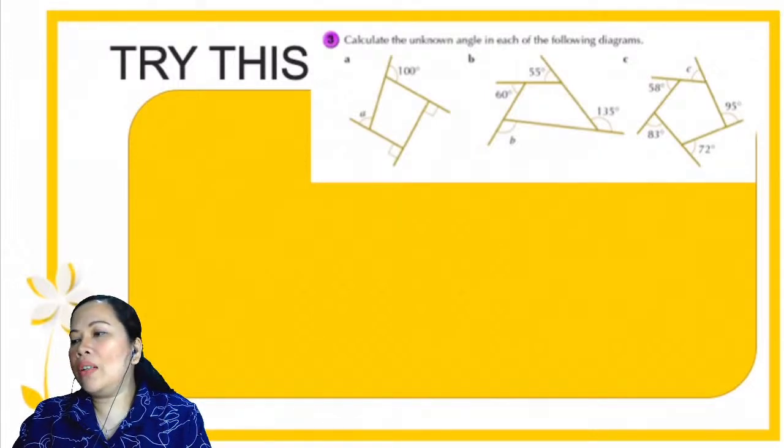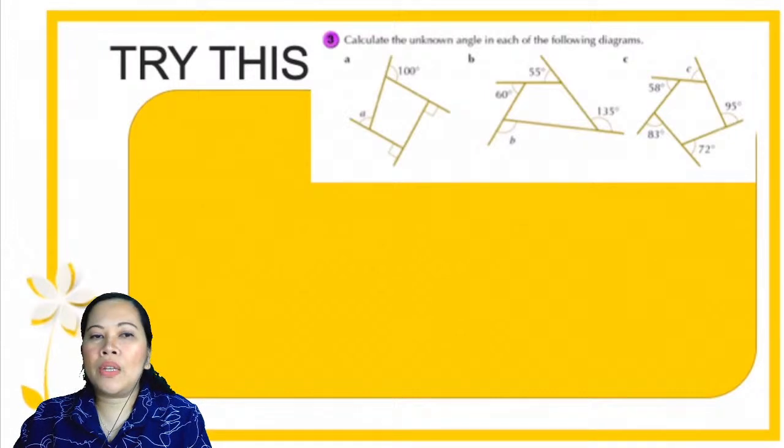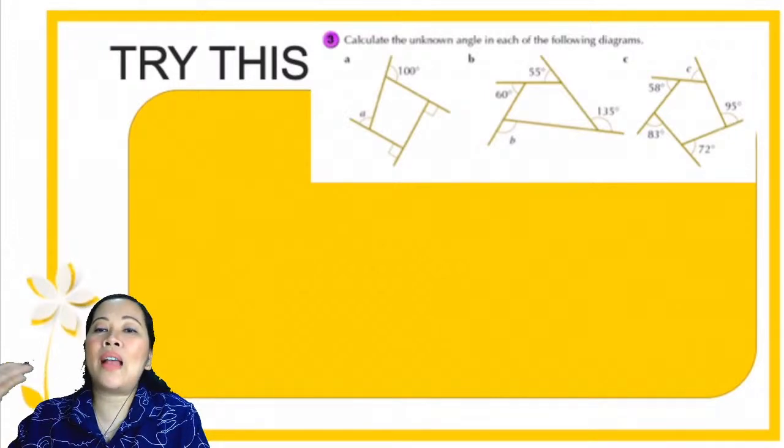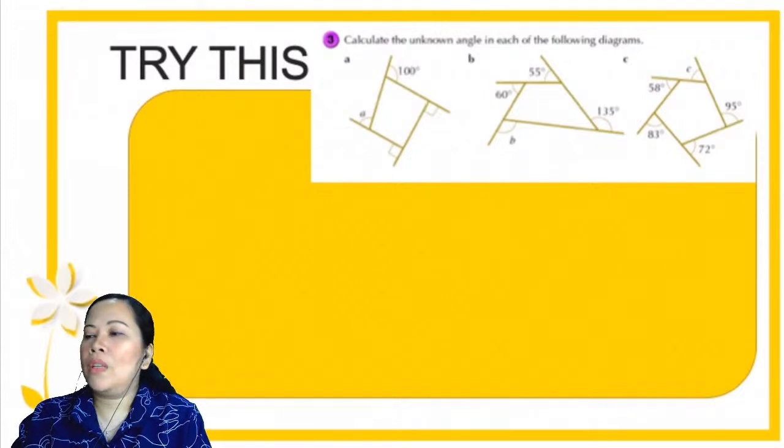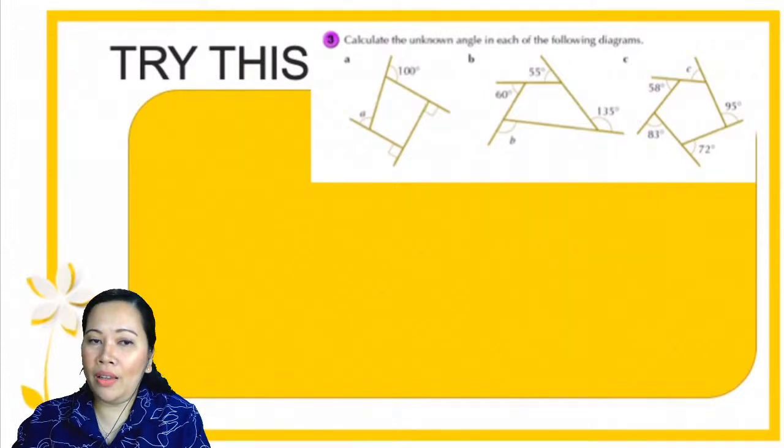Calculate the unknown angles in each of the following diagrams. And we all know that the sum of exteriors is always 360. So you have to add everything. It always adds up to 360. So just add everything.